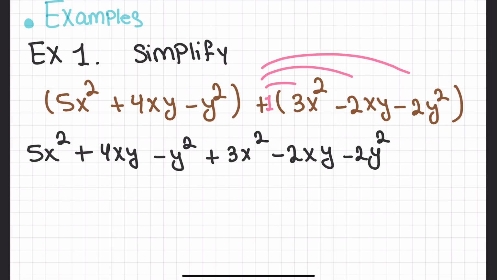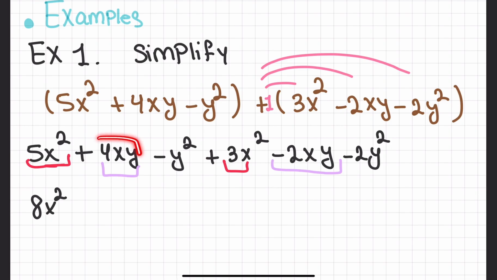So in here, I just have to regroup everything. Same variables. I have x squared here. I'm just going to find x squared, and here I have the second x squared. And then I don't have another x squared. So 5x squared plus 3x squared is 8x squared. Then I have 4xy. I just have to find another variable with xy, which is this one.